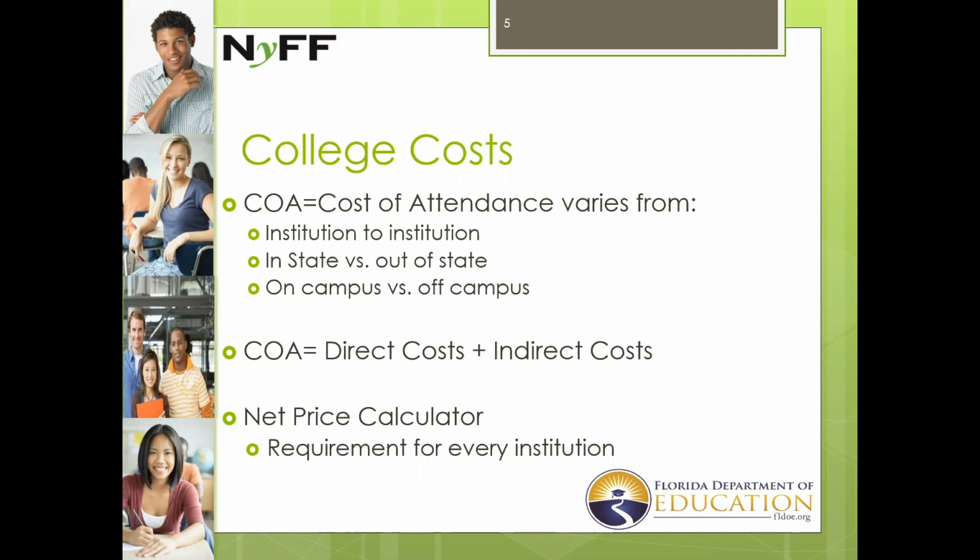You can find this information at any one of the institutions that you are planning to attend. If you log into their website, it's usually found in the financial aid section, you're going to be looking for the net price calculator. And that net price calculator, it is a federal requirement for every institution to have it listed on their website.